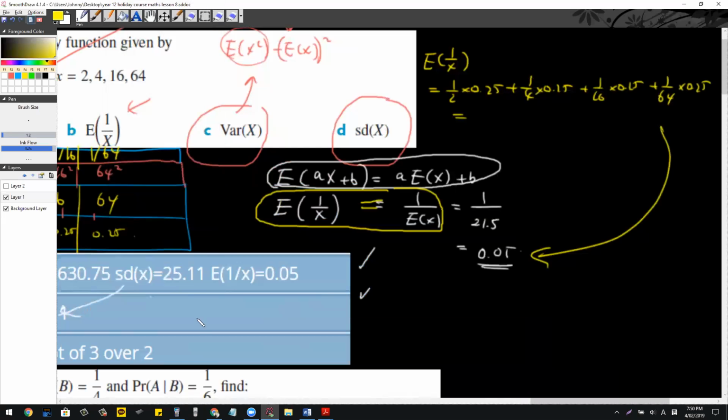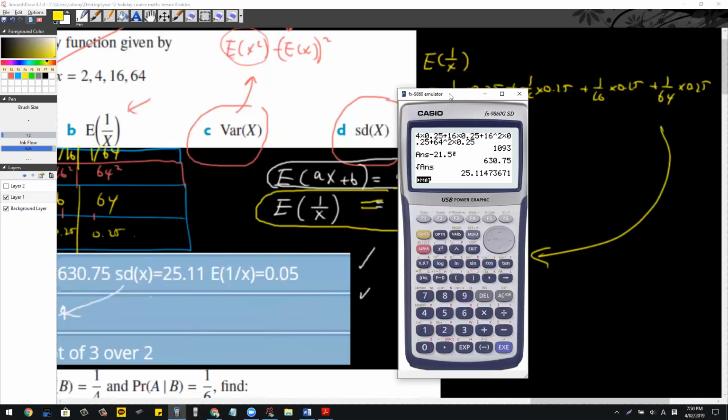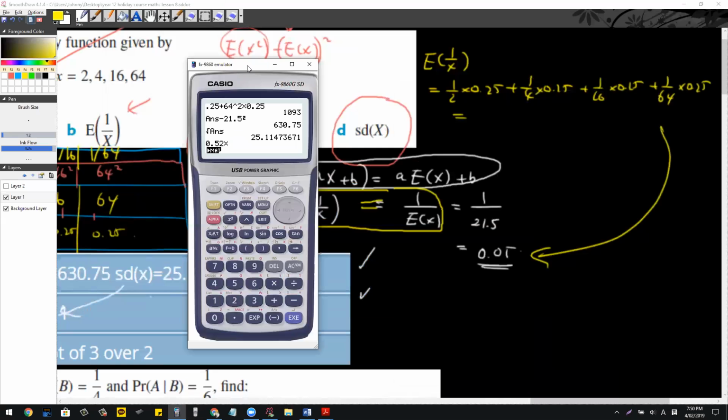Now, so 0.5 times 0.25 plus 0.25 times 0.25 plus 1 over 16 times 0.25 plus 1 over 64 times 0.25. That gives us 0.21.